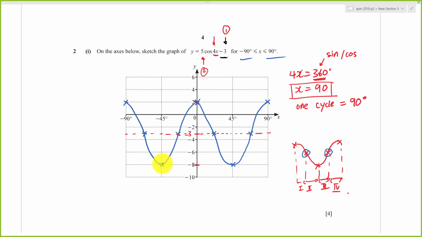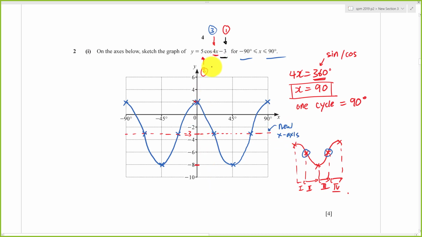So it's not too difficult, but you need to know the process of drawing the graph. Normally I always do the constant number at the back first, which is how many units it shifts up or down. Then I see the amplitude. Like 5 here, that means from the middle line, which I call a new x-axis, I plus 5 and minus 5.